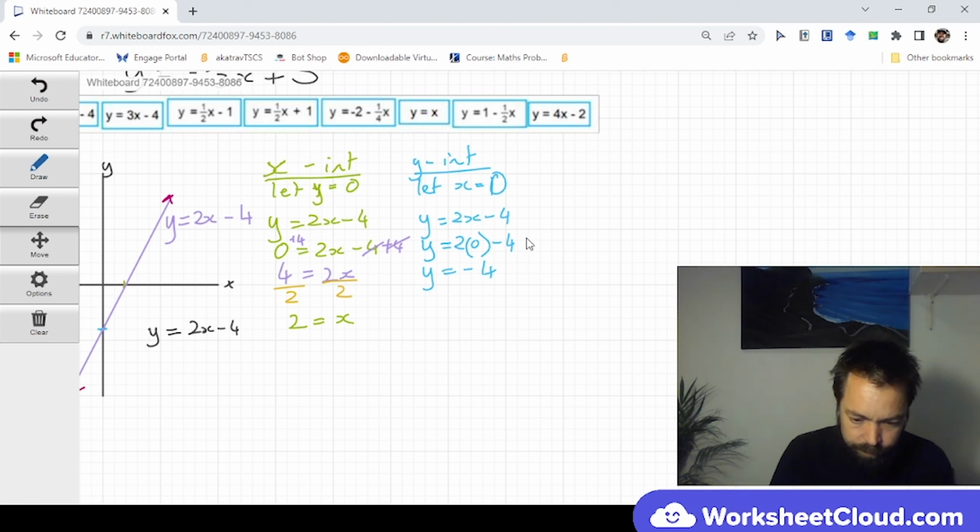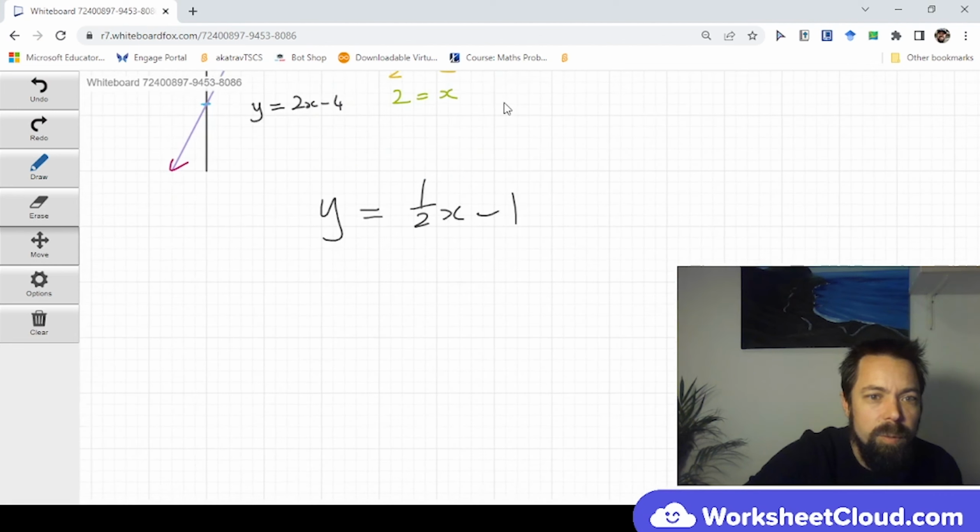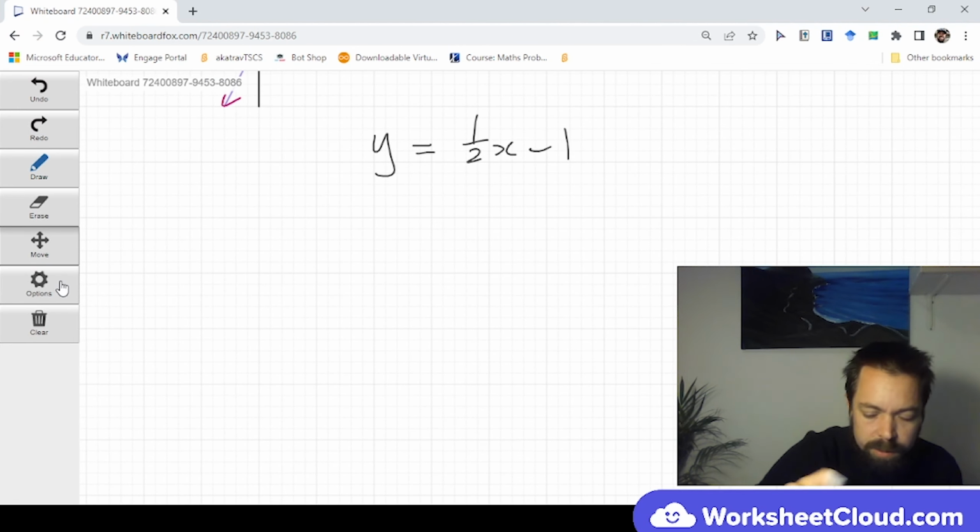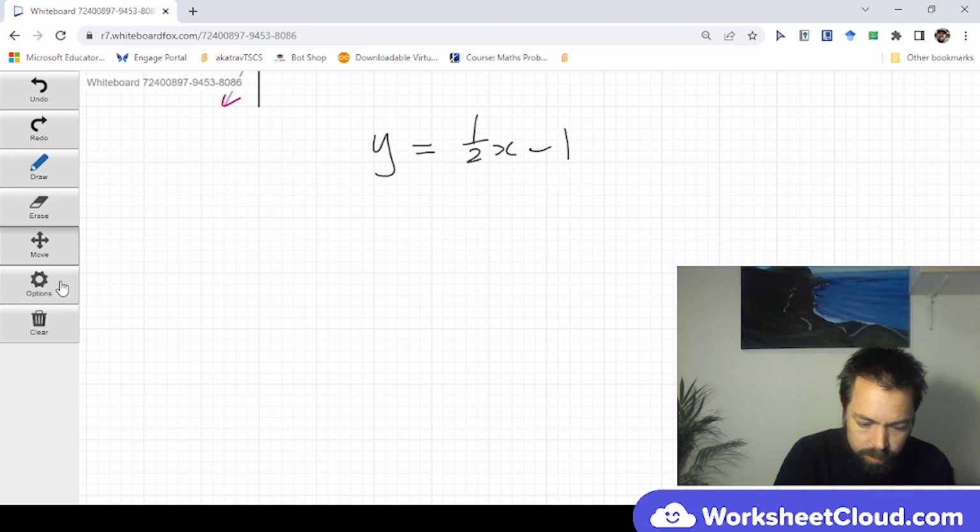Let's do another. Our next one is y is equal to a half x minus 1. I'll move it down now so I can draw it. So x, y.